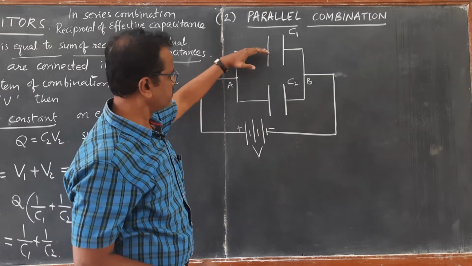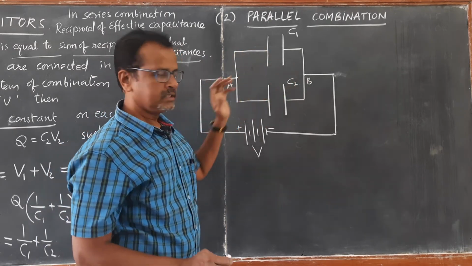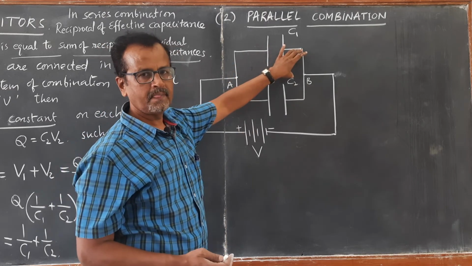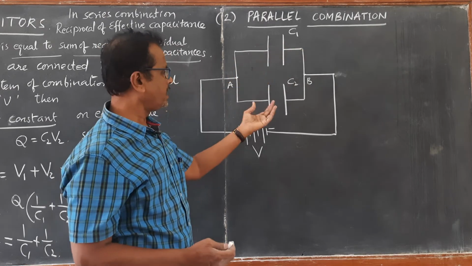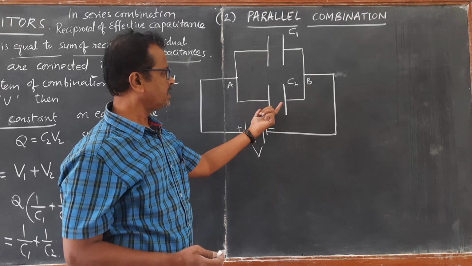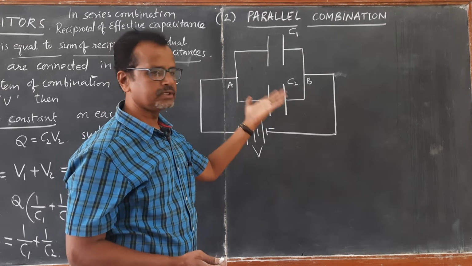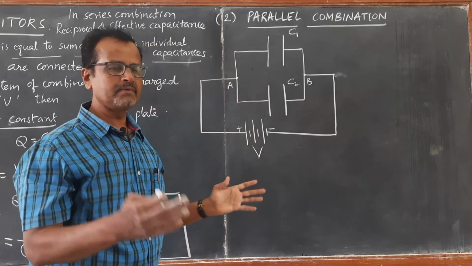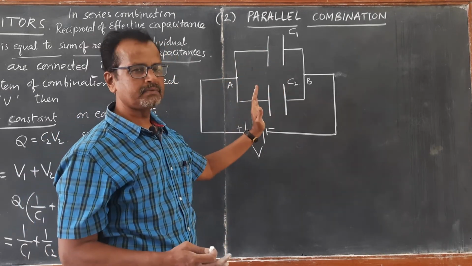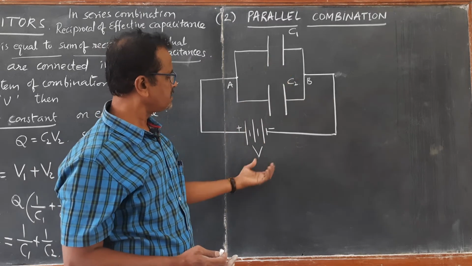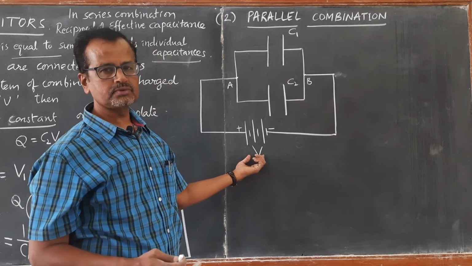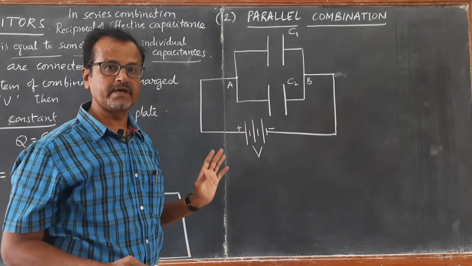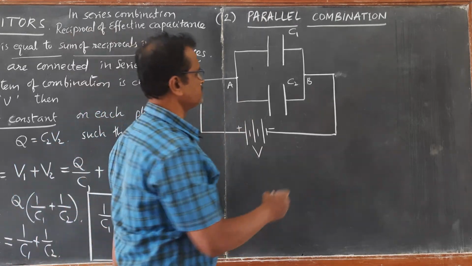Therefore, the potential difference across AB is the same as the potential difference across the capacitor of capacitance C1 and across the capacitor of capacitance C2. So, the potential difference across C1 and C2 remains the same since they are connected to common terminals. In turn, these common terminals are connected to a source of voltage V. Therefore, the voltage remains the same in both the capacitors.